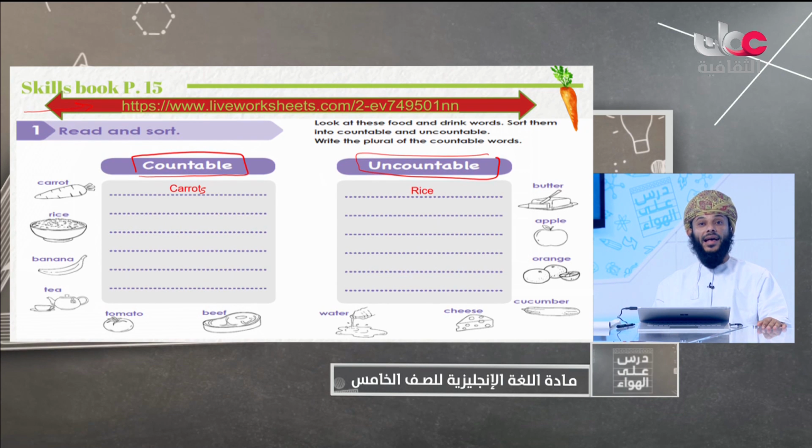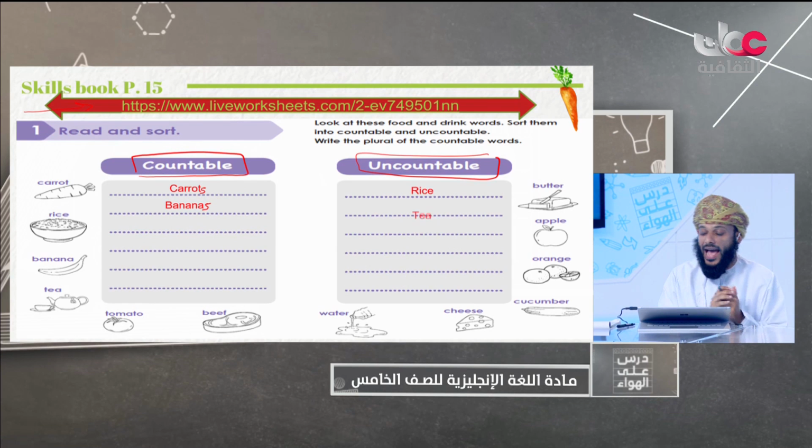Then banana. Yalla, Mahmoud. Bananas. Excellent. So it's countable. Then tea. Yalla, Miss Fawziyah. Tea. Is it countable or uncountable? Can we count tea? No, we can't. So it's uncountable.